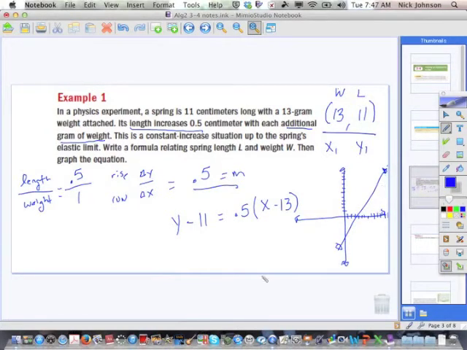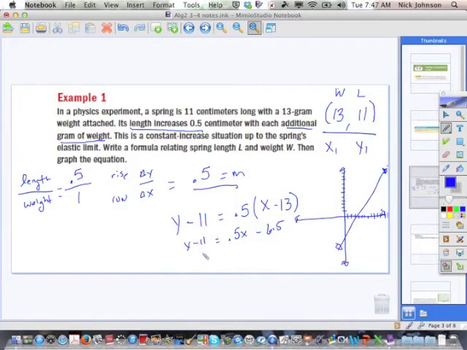Now, could I put this in the slope-intercept form? Sure, you could. y minus 11 is equal to 0.5 times the quantity x minus 13. What's half of 13? You all are going to say a positive times a negative is negative 6.5.